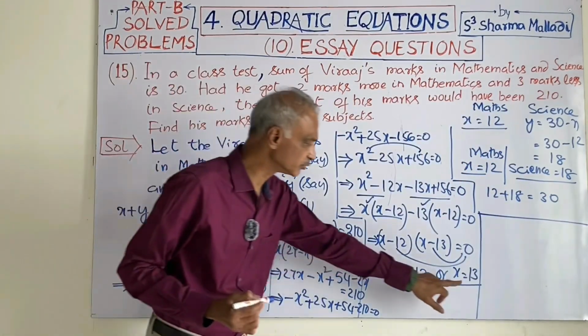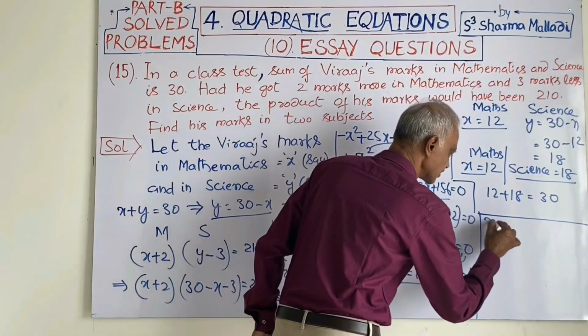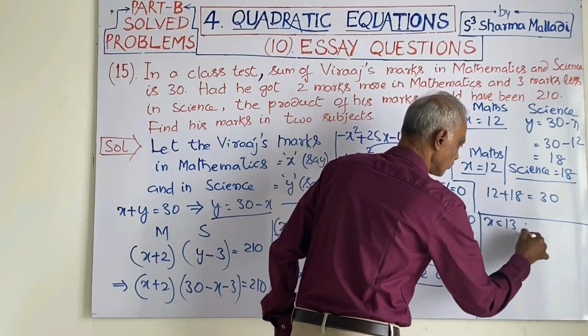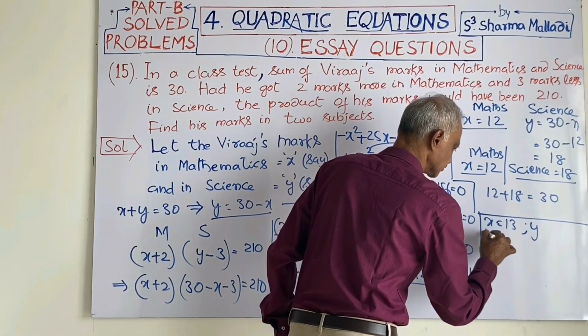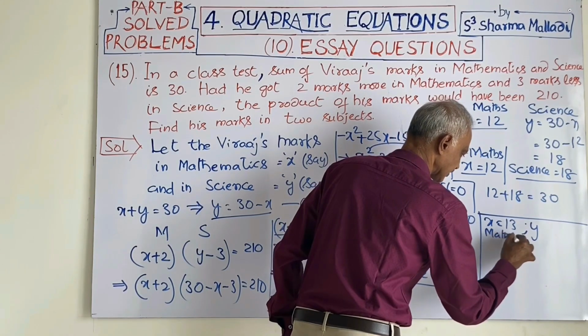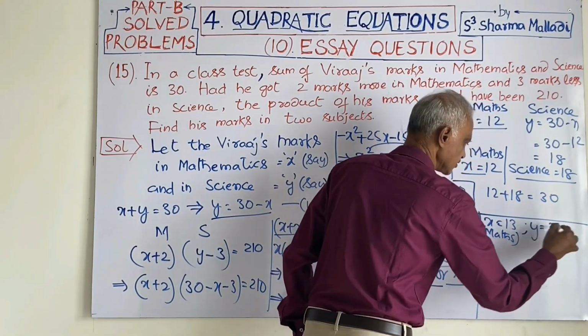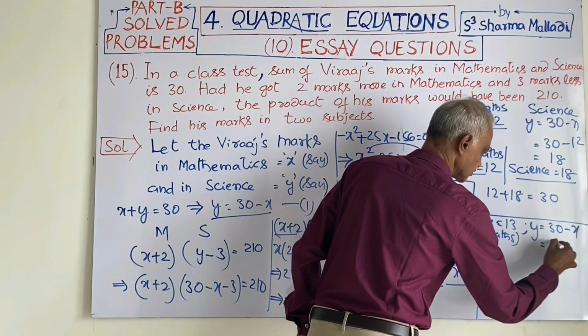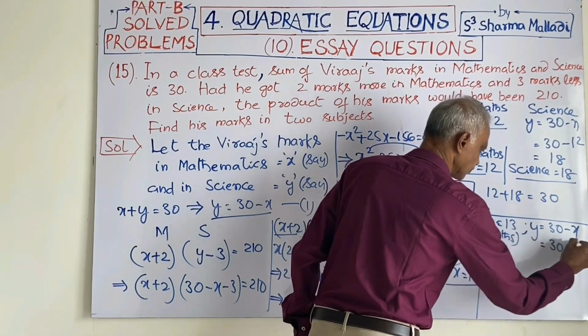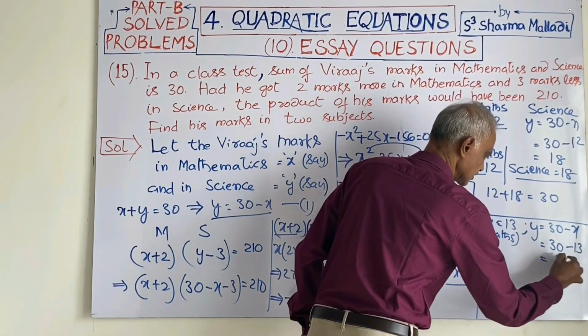Now you take x is equal to 13. What is the value of this? It is maths marks. Y is equal to 30 minus x is equal to 30 minus, what is the value of x? 13. That is 17.